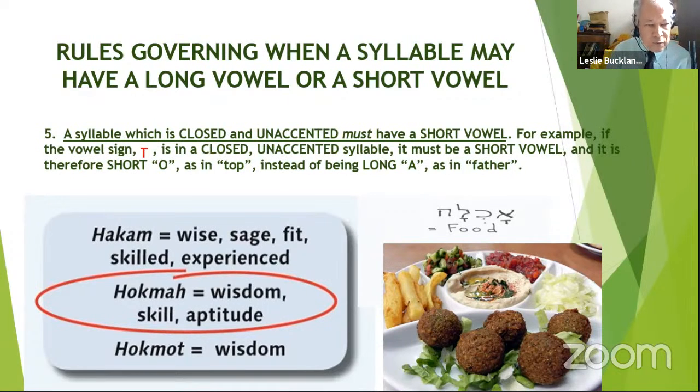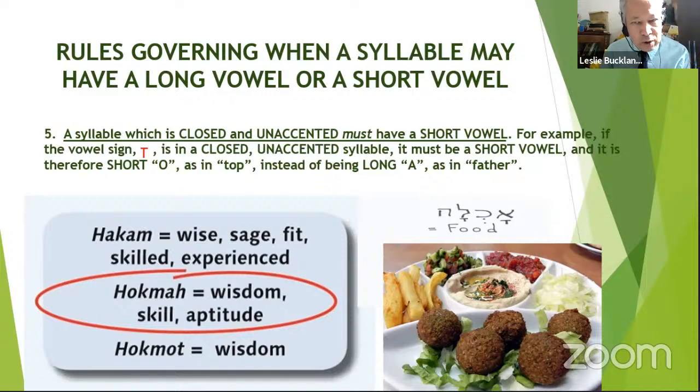So since we have the knowledge of two conditions that make it necessary for the capital T symbol to be kames hatuf or kames katuf, a short sound, in that it is closed, HOK is a closed syllable, and it doesn't have any accent on it, then it must have a short vowel.